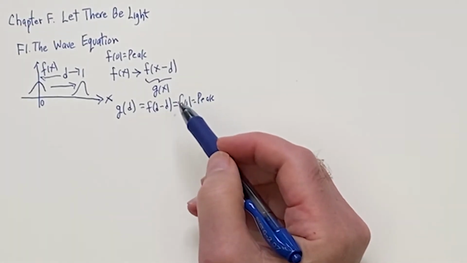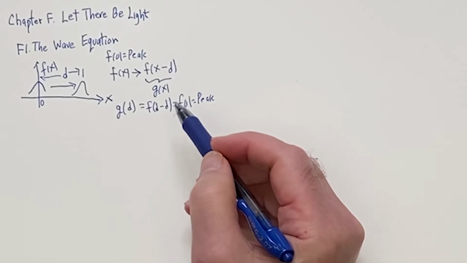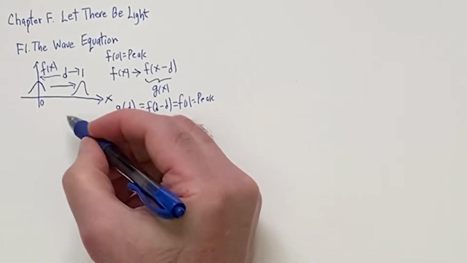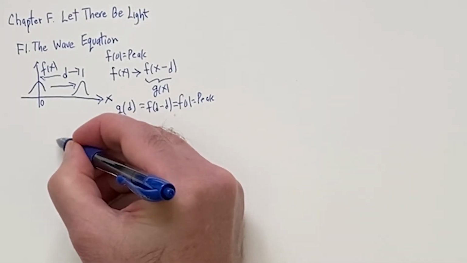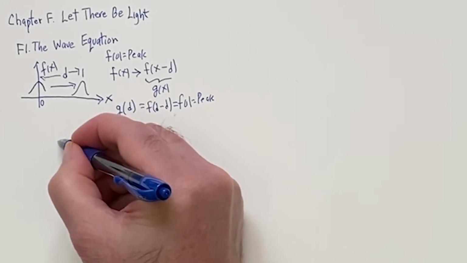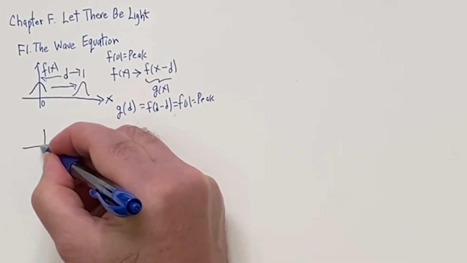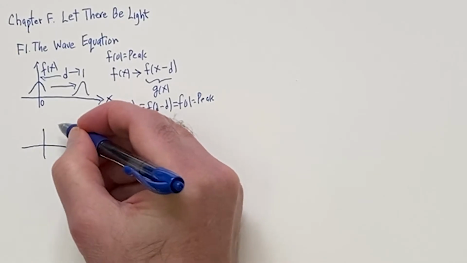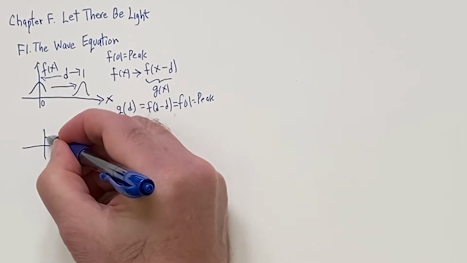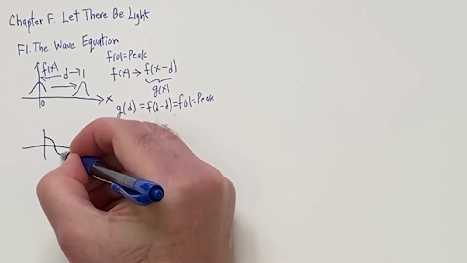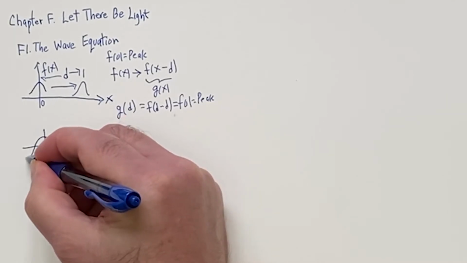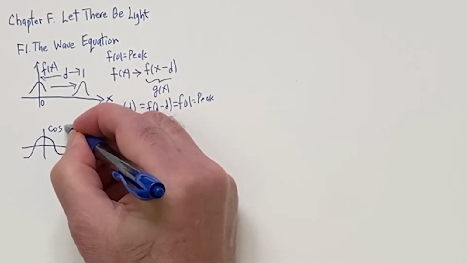And you may be familiar with this sort of thing when you shift cosines and sines. For example, if you have here, say, the cosine, that does something like this, the cosine of x.